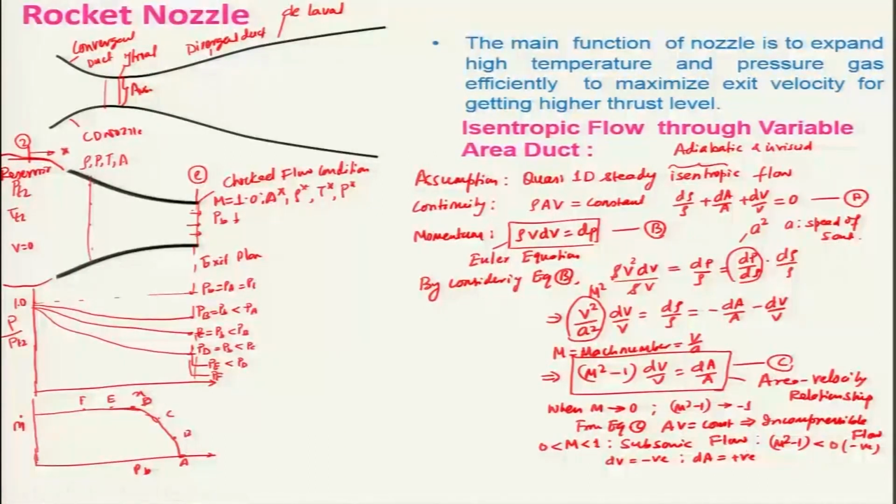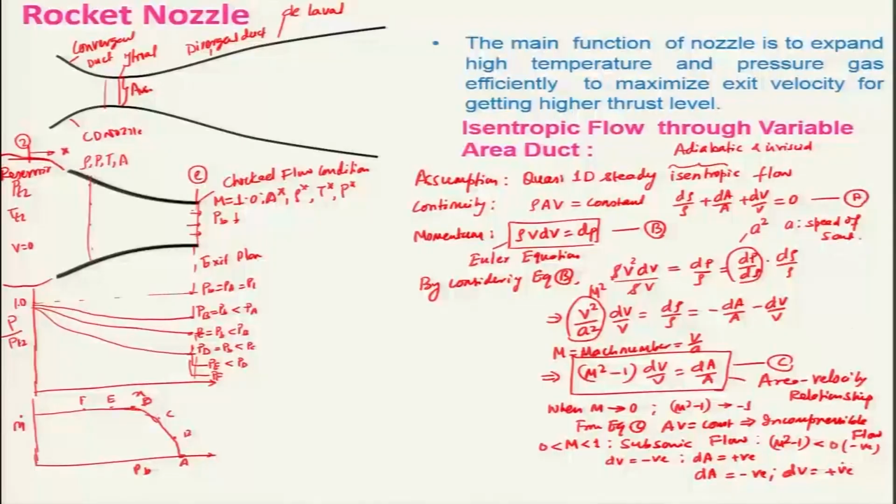That means if the area increases, the velocity will decrease, and the other way around, if dA is negative, dV will be positive.